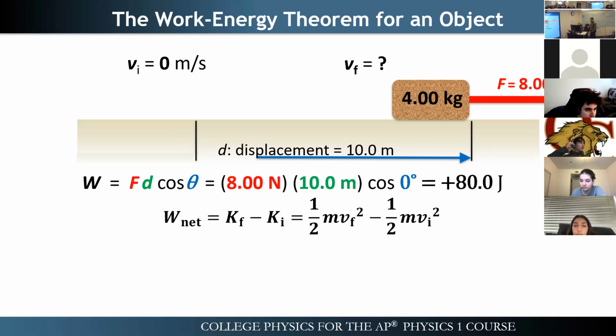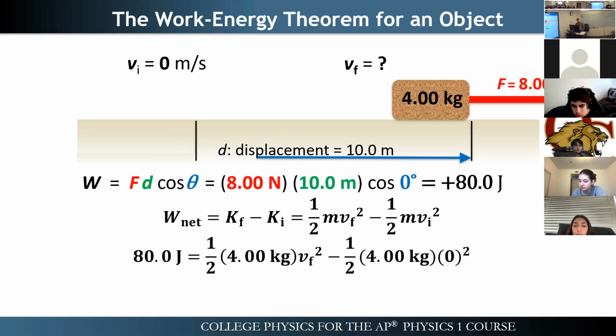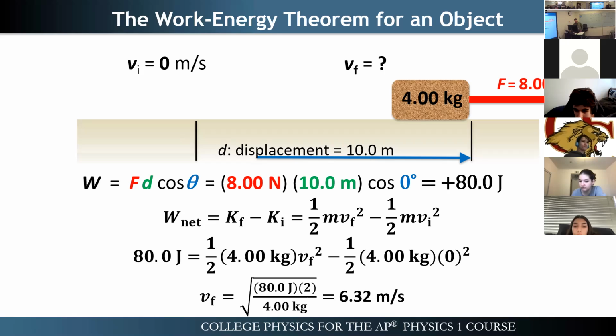I don't know the final velocity, but I do know the initial was 0, and I know the net work is 80 joules. So I plug in the 80 joules, the 4 kilograms for the mass, and the 0 for the initial velocity since it started at rest. And I can find that the final velocity would be 6.32 meters per second. It's going from rest to 6.32 meters per second.